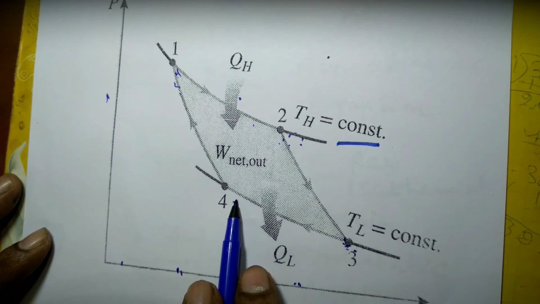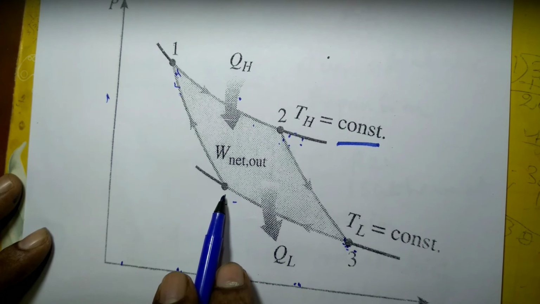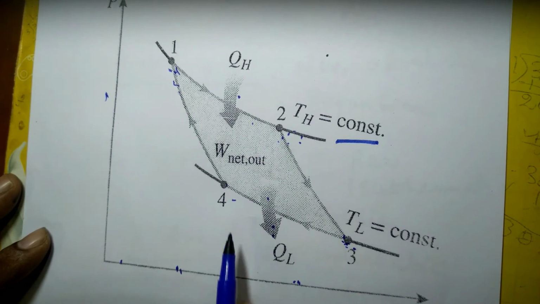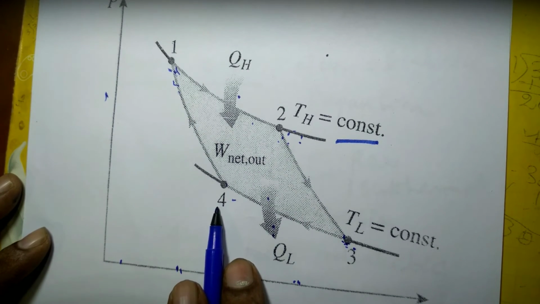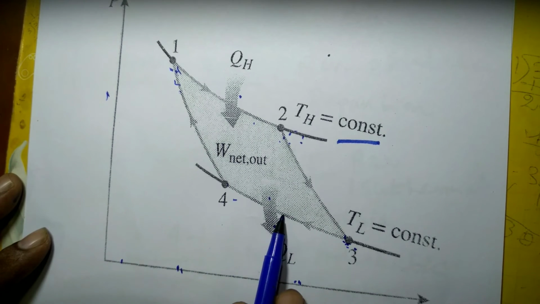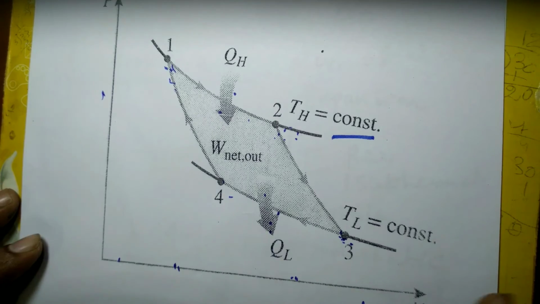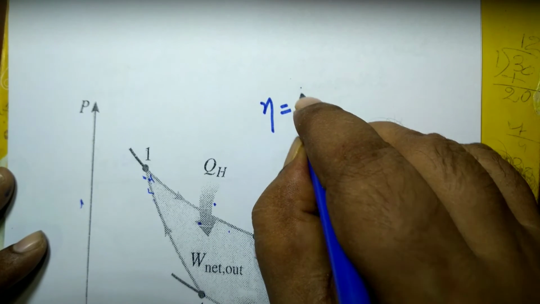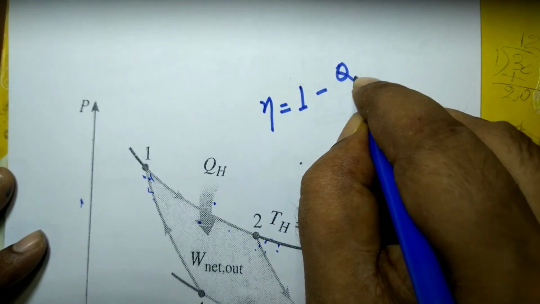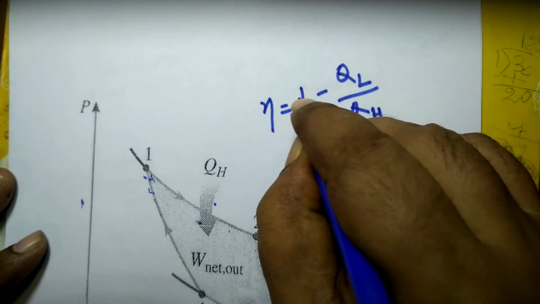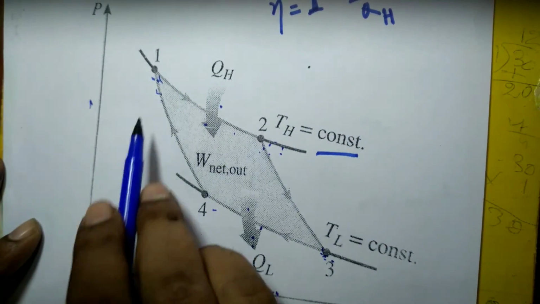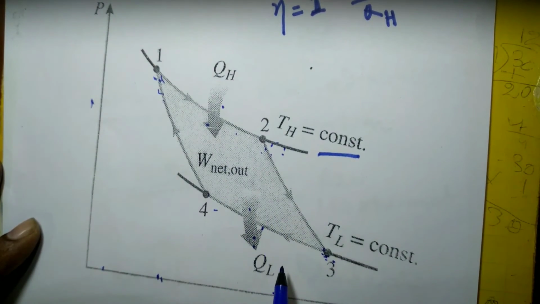Let QH be the amount of heat added to the system during process 1-2. During process 3-4, obviously a compression process, the pressure increases but the volume decreases, and heat is rejected. That amount of heat rejected is QL. And 4-1 is adiabatic compression, during which the temperature increases from TL to TH. The efficiency we calculate will be 1 minus QL divided by QH. You see, the area under the PV diagram always represents work.